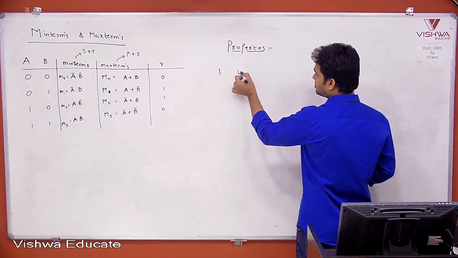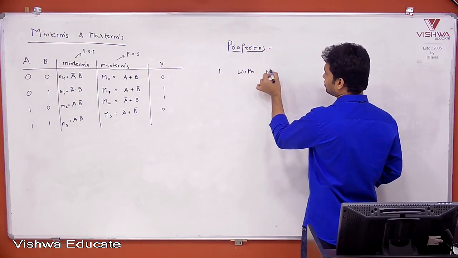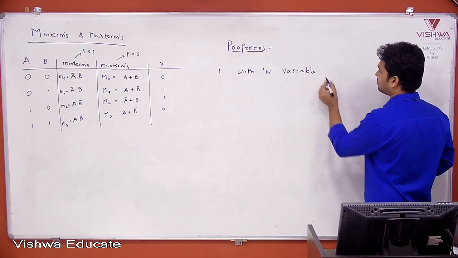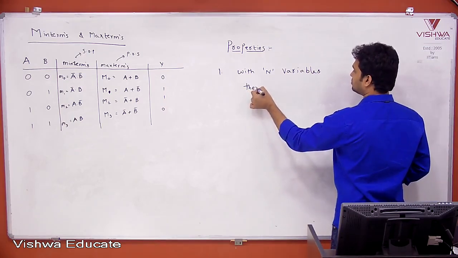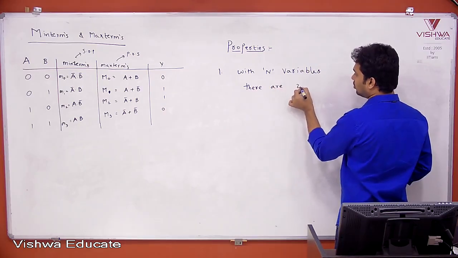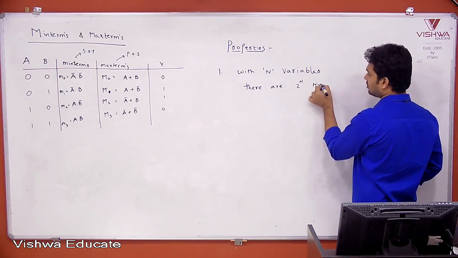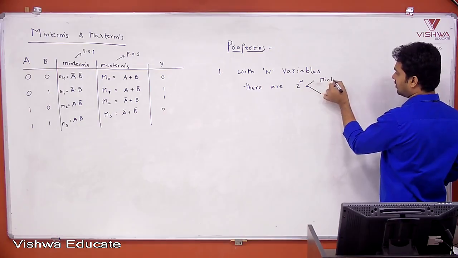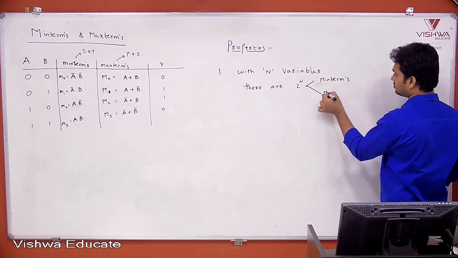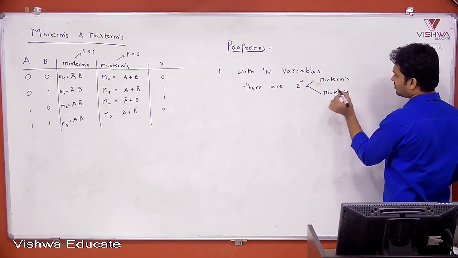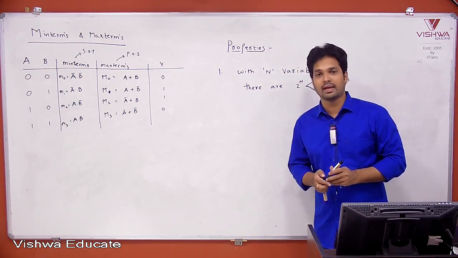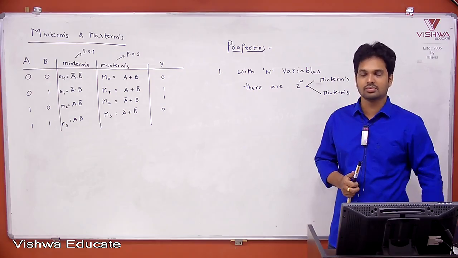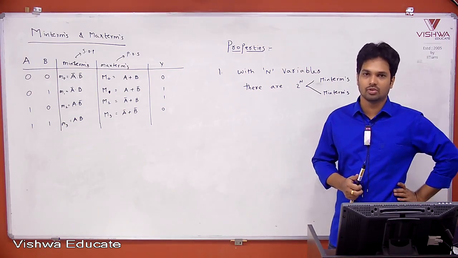With n variables, there are 2 power n minterms and 2 power n maxterms possible.